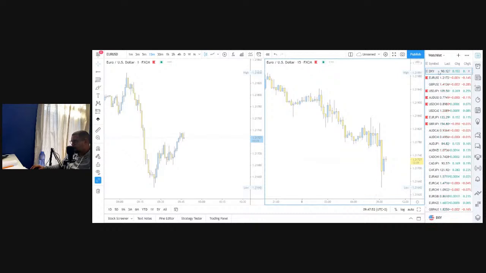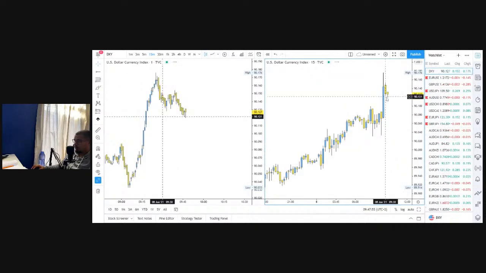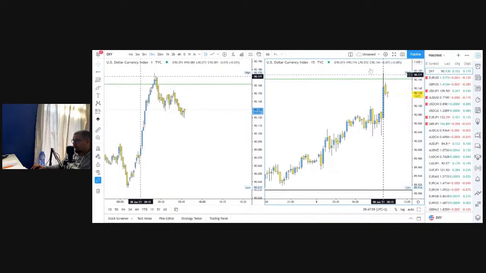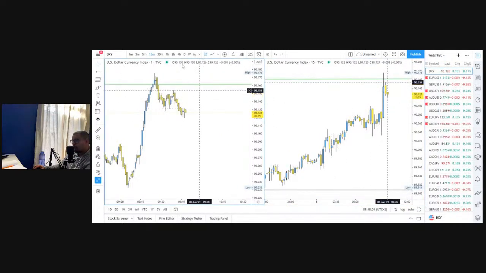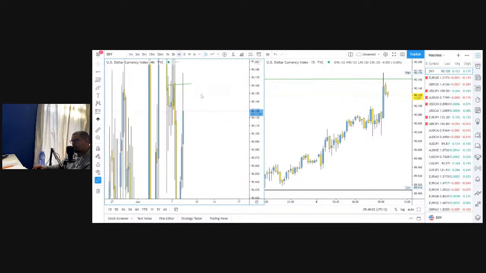Let me check what DXY is doing actually. So we had this big push. We're now reacting from this key level from the 4H that I plotted.